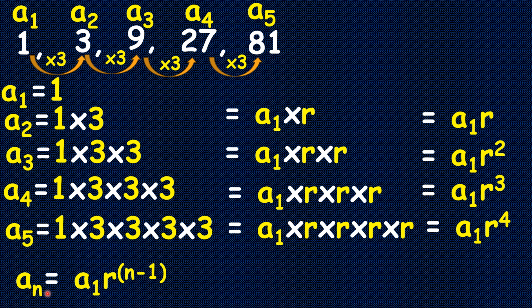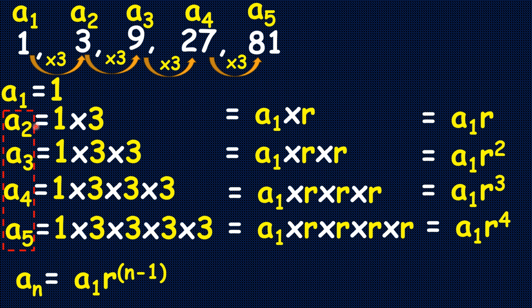A subscript n is equal to A subscript 1 times R raised to the power n minus 1, such that, like we did in our personal observation, when you add the power here to what you have as a subscript, it gives you the corresponding subscript here. So n minus 1 plus 1 will give you n.